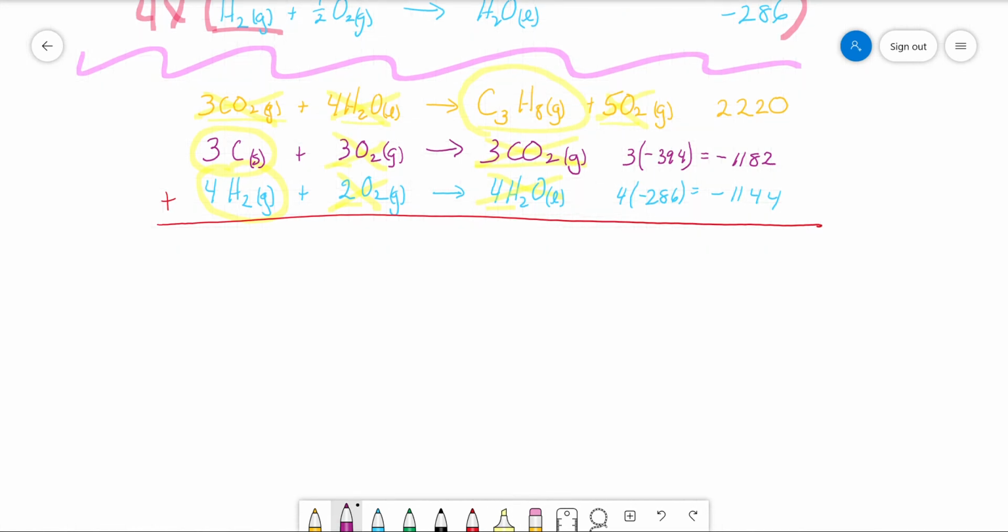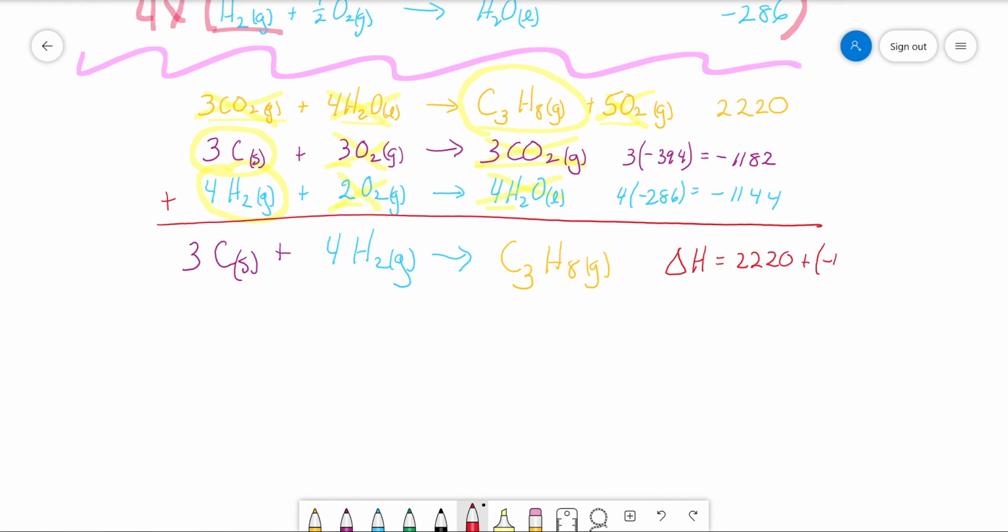So I get 3C solid plus 4H2 gas gives me C3H8 gas, and then the delta H. Delta H is equal to 2220 plus negative 1182 plus negative 1144, again all kilojoules, and that works out to be a value of negative 106 kilojoules.